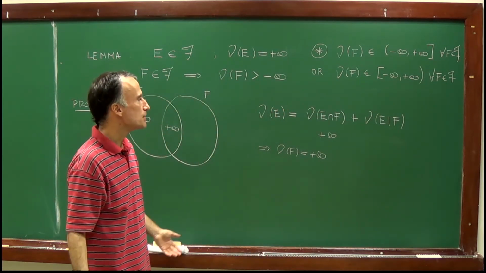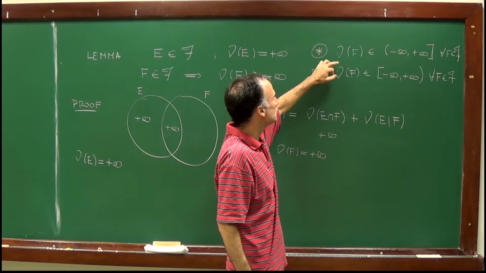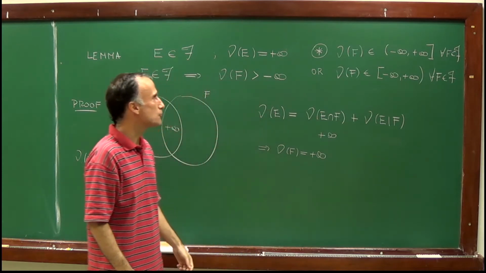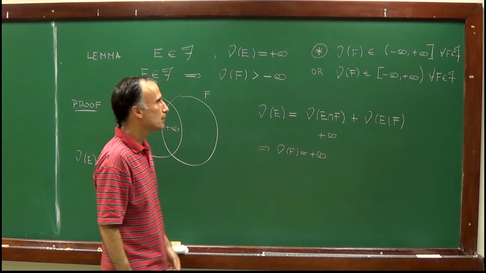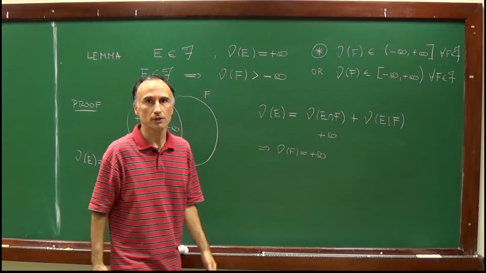We don't lose any generality assuming that, as you can just take minus nu to go from the second alternative to the first alternative.